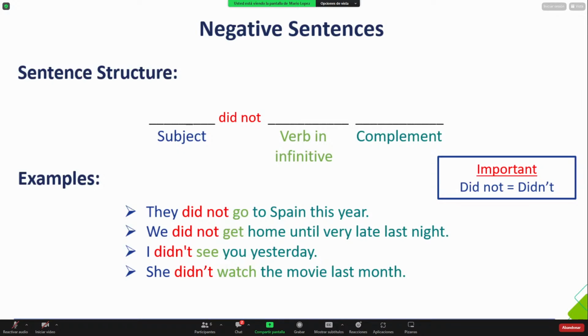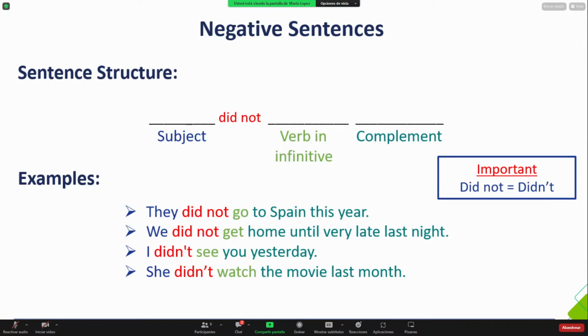And what does it mean did not? ¿Qué significa did not? It doesn't have a meaning in negative sentence. No tiene significado, solo cumple con la función de indicarme que la oración está en negativo.